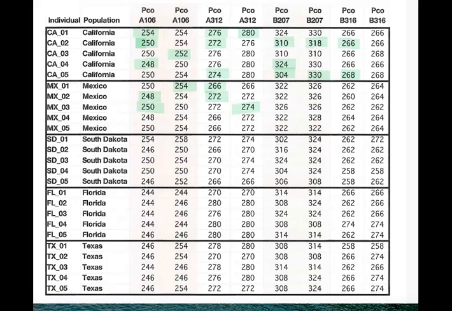And then for gene 207, we have 322, we have 326, and 328. And then for gene 316, we've got 260, 262, 264, and that's all that's different.